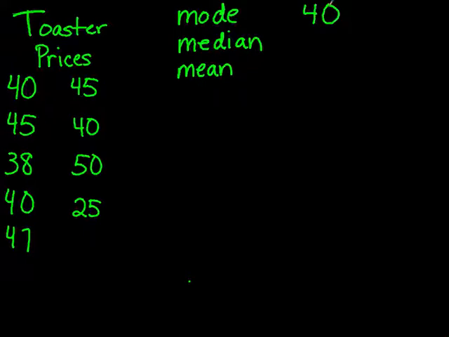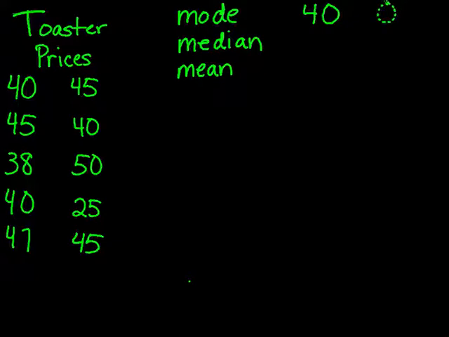The number that appears the most often is the mode. Now, let's say that we also had another 45 here, which would give us 3 45s and 3 40s. There is no mode in that example because there's no number that appears the most often. Oftentimes, students, when that happens, will put a 0 as their answer.